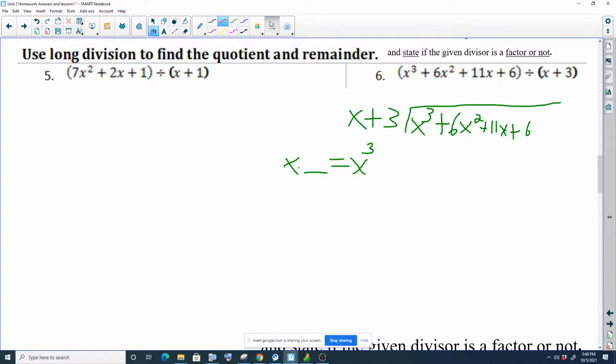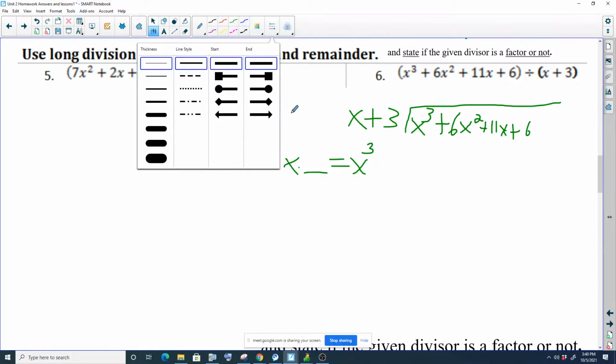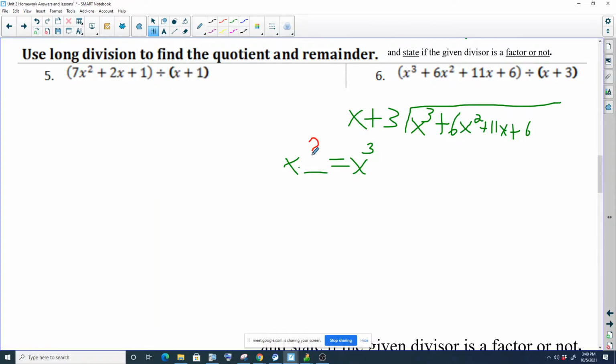So what do you think that is going to be? Well, let's see here. x times something is x cubed. Well, we need another x. Oh, that would make it x squared. Well, what if we do 2 x's? Yeah, that would make it x cubed, right? So x squared is the first part of our answer.